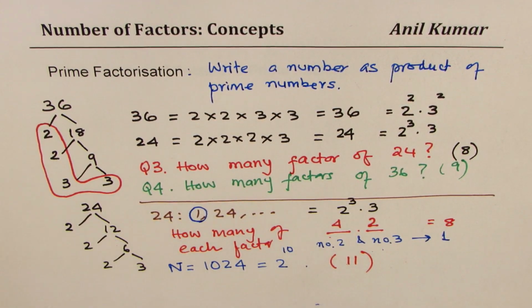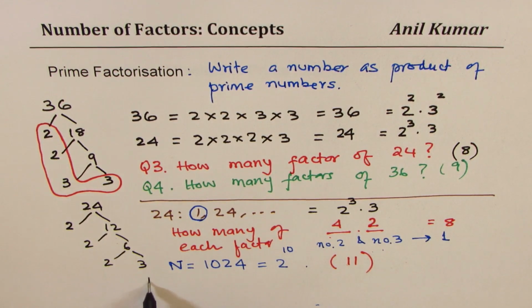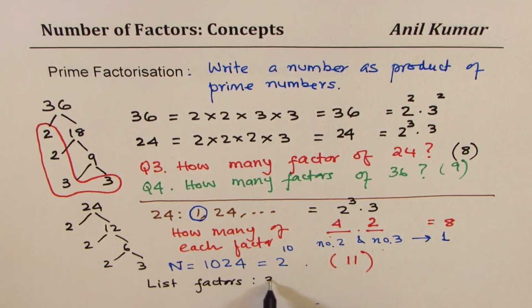Do you see that? So it's a very handy formula which you could practice and answer such questions very easily. So I hope that makes sense, correct? So now I would like you to list factors of some other number, just practice. List factors of 30, for example, right?